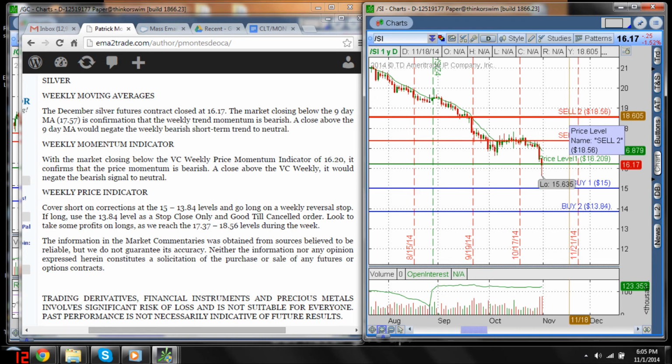So once again, the market is coming into next week slightly bearish, but if we get a follow through to the downside, it's telling you to buy at 15. If you're short, then this is the place where you cover your shorts and you reverse to long.